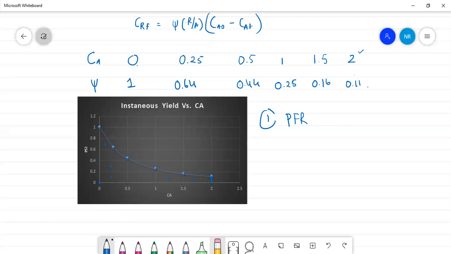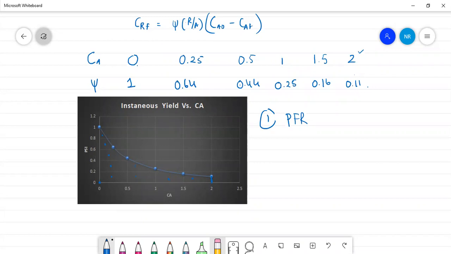Then this one and this one, six boxes. This one is nearly... is there any mistake from my side?